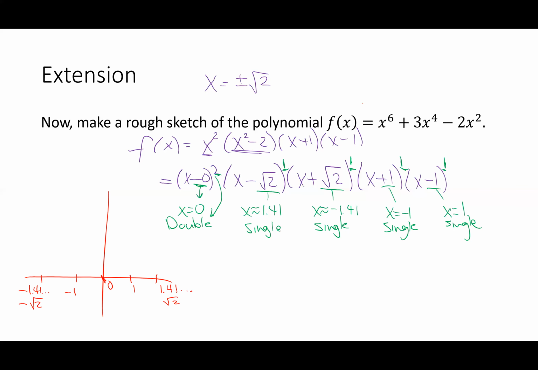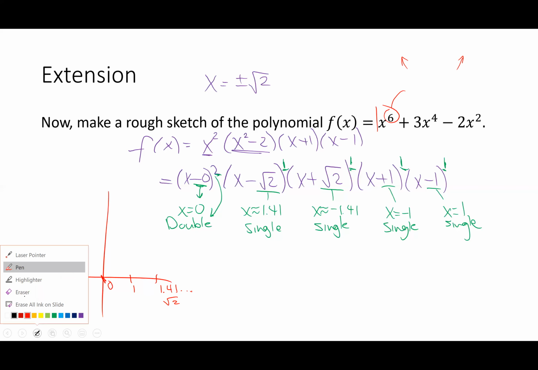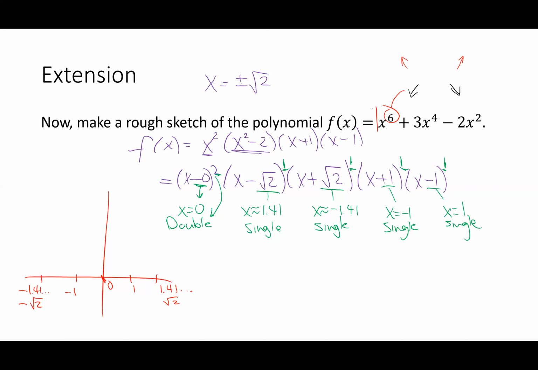Now, let's keep in mind that this multiplicity is even. So the arrows are both either going up or they're both going down, remember from 3.1. Since the leading coefficient here is positive, they're both going to be going up. So there's my end behavior.